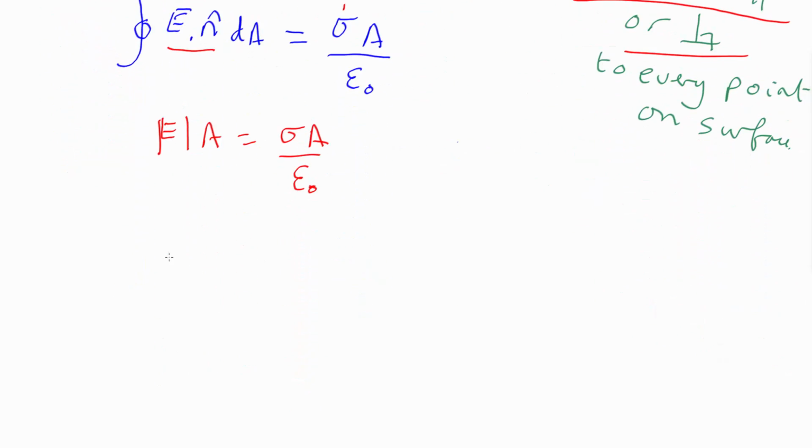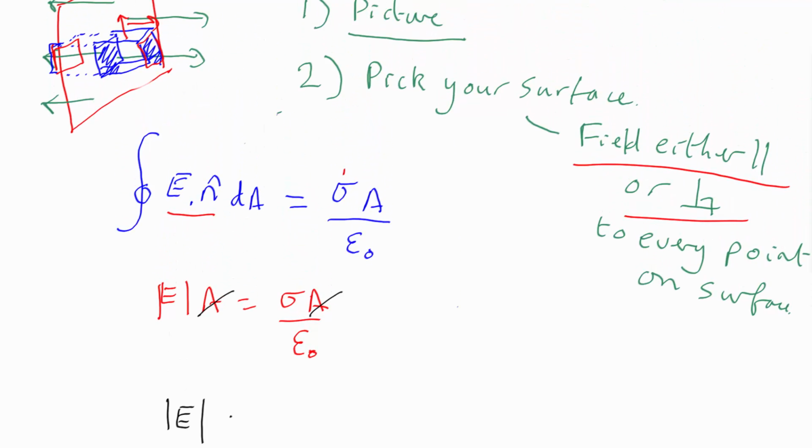So that means, rearranging, that the magnitude of the electric field, the A's cancel. Oh, one thing I should mention back here, this is the electric field times the area at each end, but you've got two ends, so there should actually be a 2 in front of there.